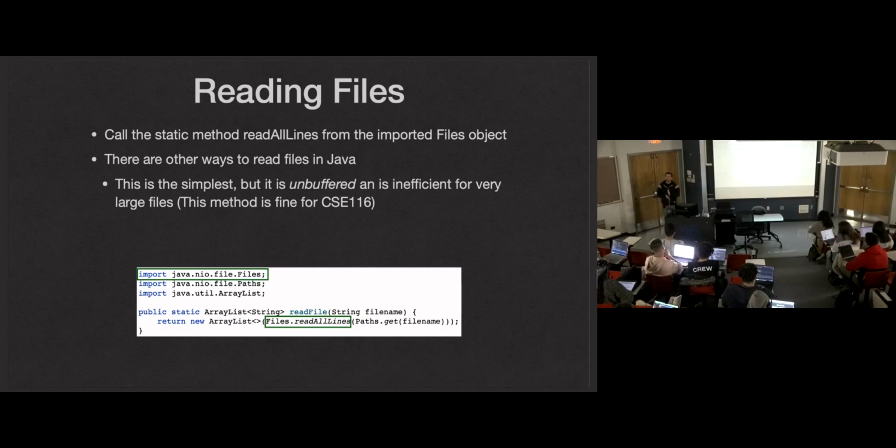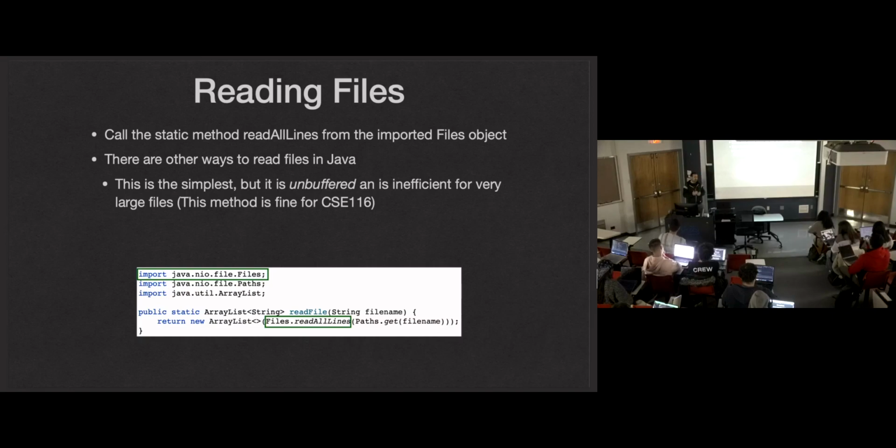But I do want to give my disclaimer here and talk about buffered versus unbuffered. This works fine for us, but what happens if your file is large? And by large, I have to keep upping this number, but let's say 50 gigabytes. Well, if you have a file that's 50 gigabytes of text and you try to read it using this method, you're going to run out of RAM. You don't have enough space in memory, assuming you have like 16 or 32 gigs of memory even.